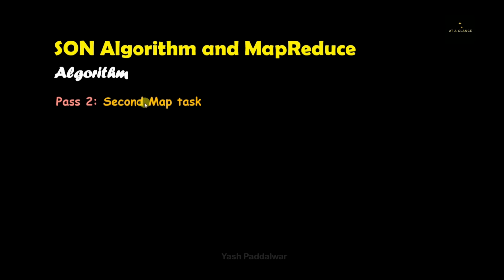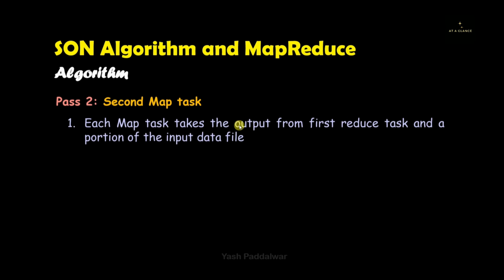So let's see the second map task, which comes under pass 2. Here each map task takes the output that it has got from the first reduce task, that is nothing but the candidate items, and it also takes a portion of the input data file.